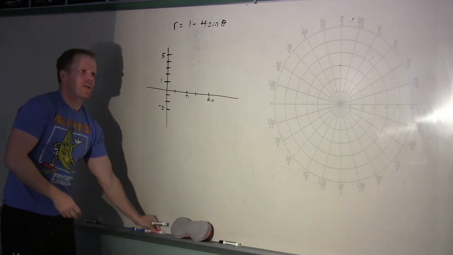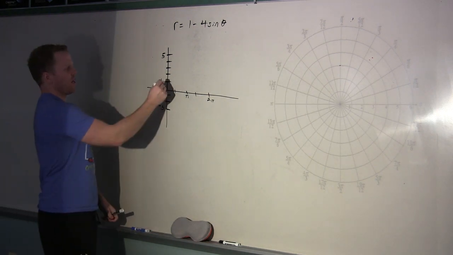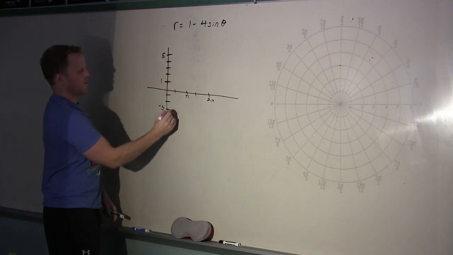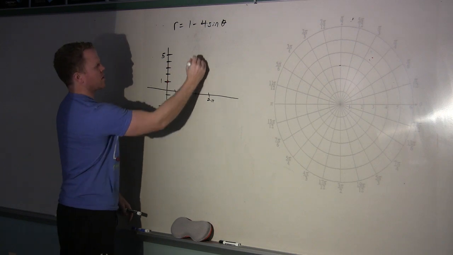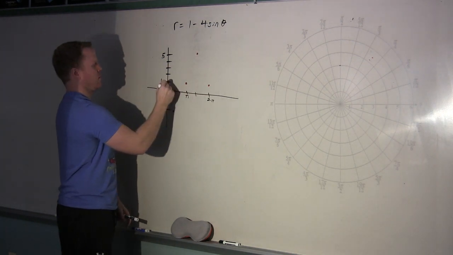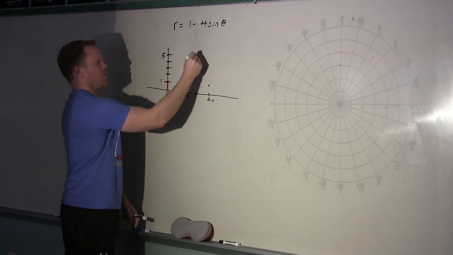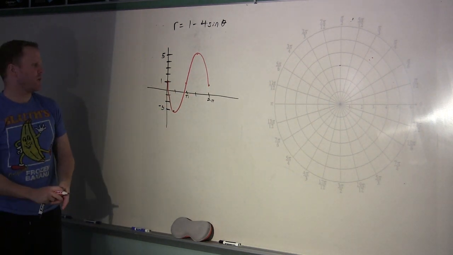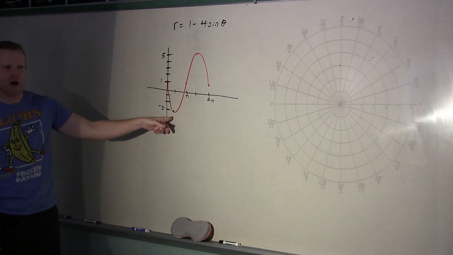So let's just graph our sine curve. Sine starts at the midline and increasing, except we've been reflected, so we should be decreasing. So we should look like this. If you're unsure about what's going on, just check. Plug in pi over 2.